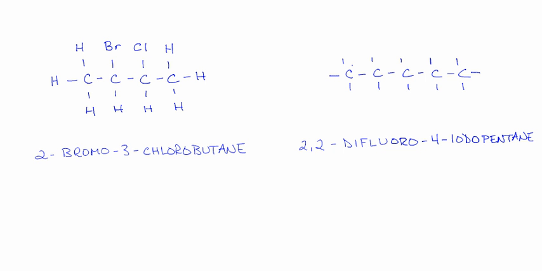There's 2 fluorines on the second, and we can go from either direction. And on the fourth carbon, but now I'm committed to going to the right, there is an iodine, top or bottom, doesn't matter.